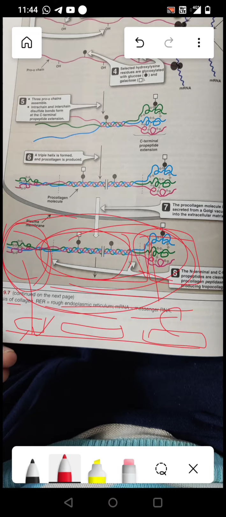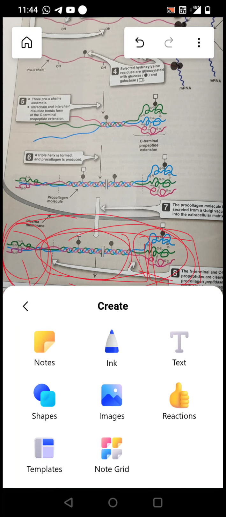Now, there is a quarterly staggered triple helix. Collagen is called quarterly staggered. What do you mean by quarterly staggered? This word is given very importantly. You call that quarterly staggered. Okay, I'm going to write that.